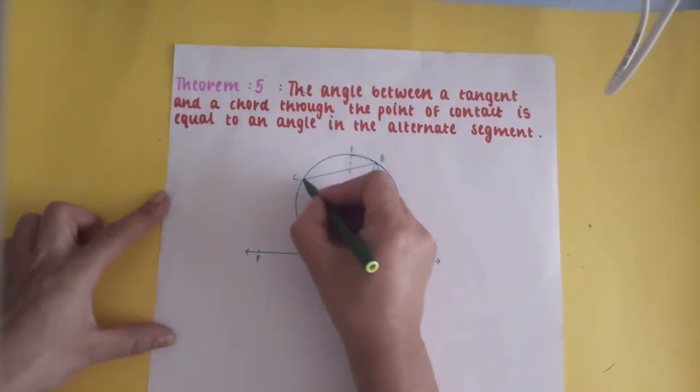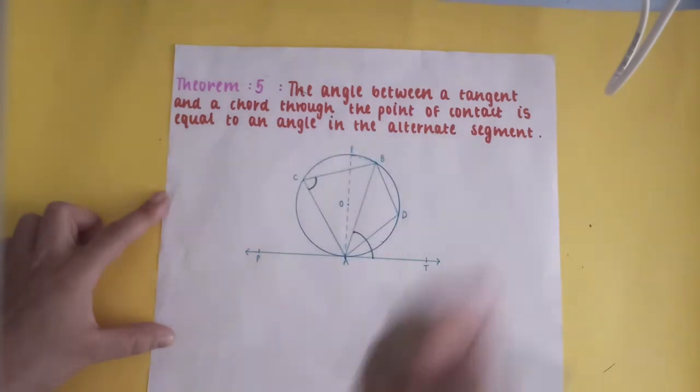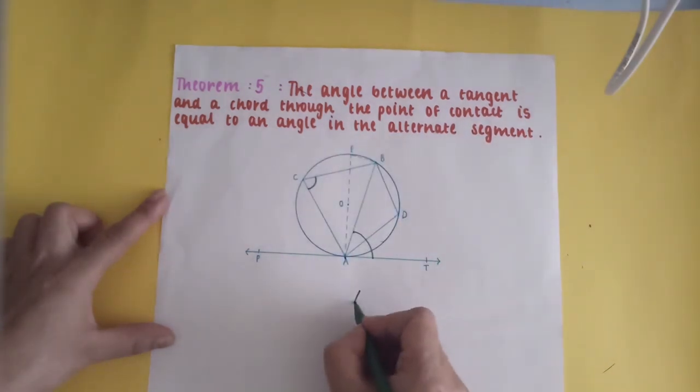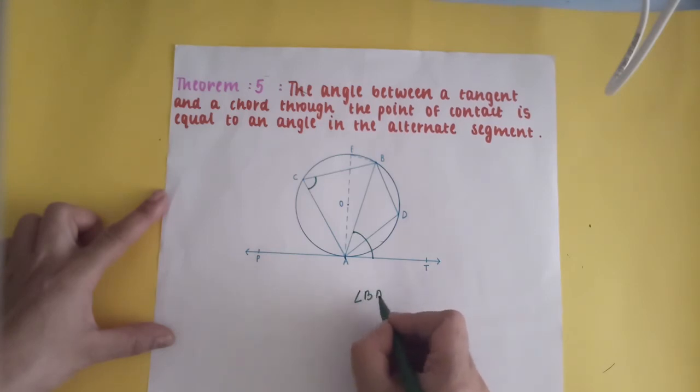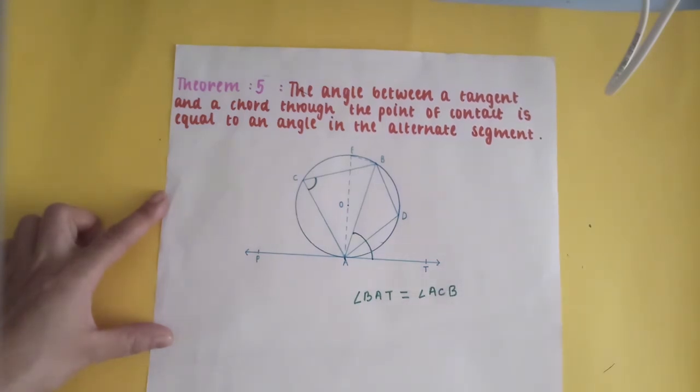So which angle does this chord make in the alternate direction? This angle. So we can say that angle BAT is equal to angle ACB.